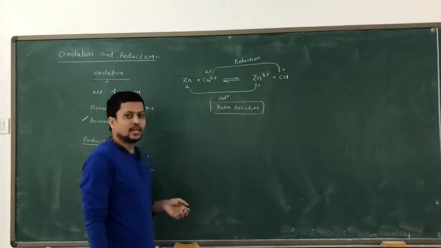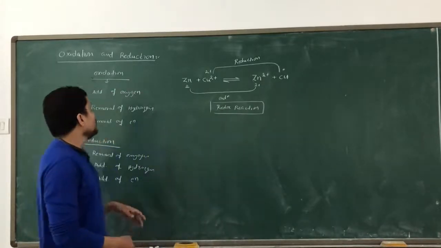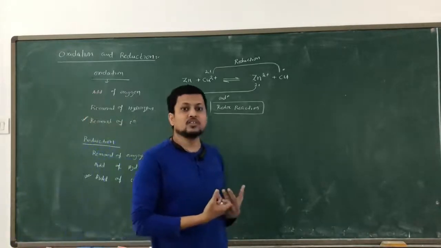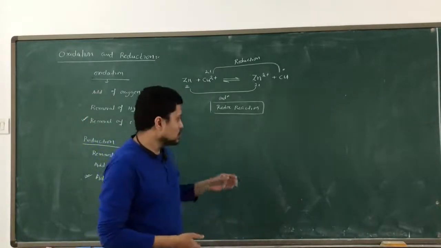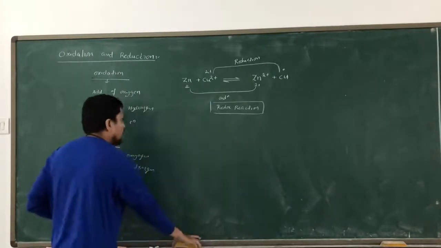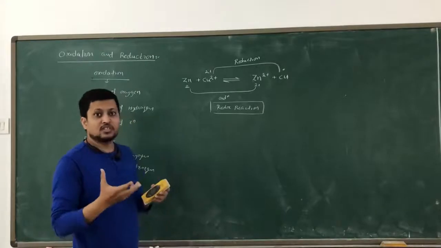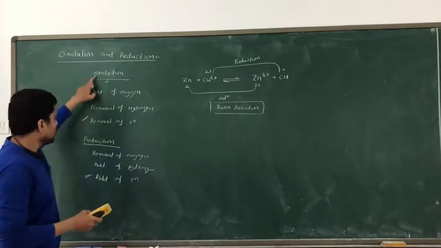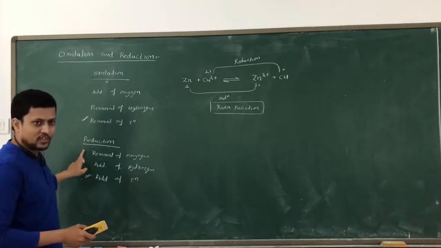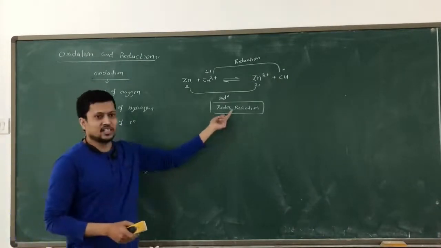Now after that we are going to learn how to calculate the oxidation state, and what oxidation state actually is. The next topic is the oxidation state, which I am going to explain. For oxidation state we must know what oxidation and reduction are. That is why I explained oxidation and reduction first, and the redox reaction as well.